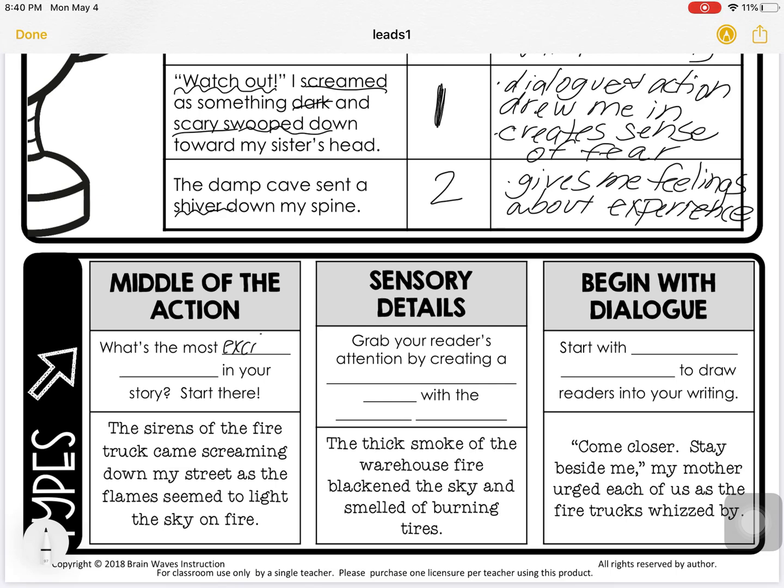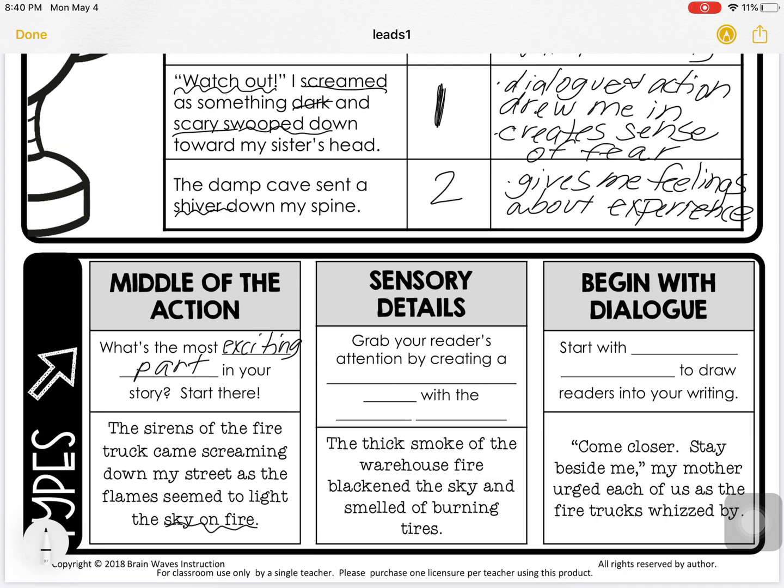What's the most exciting moment or part in your story? Start there. For example, the sirens of the fire truck came screeching down my street as the flames seemed to light the sky on fire. That's a great middle of the action lead.